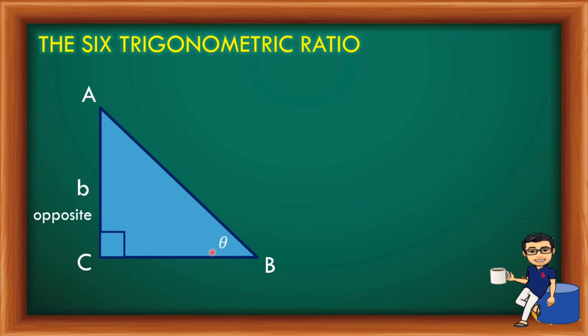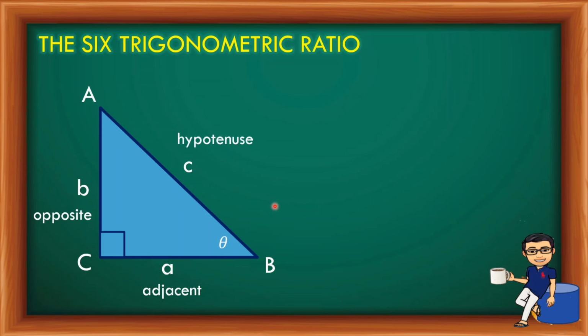On the other hand, this side, which is represented by a, is the adjacent side because this a is adjacent to this angle theta. So sana nasusundan natin. And lastly, na-mention na natin kanina that this side which is opposite the 90 degrees angle is the longest side, which is represented by c, and that is called the hypotenuse.